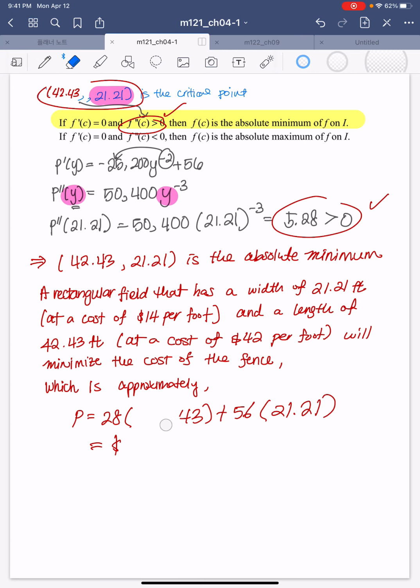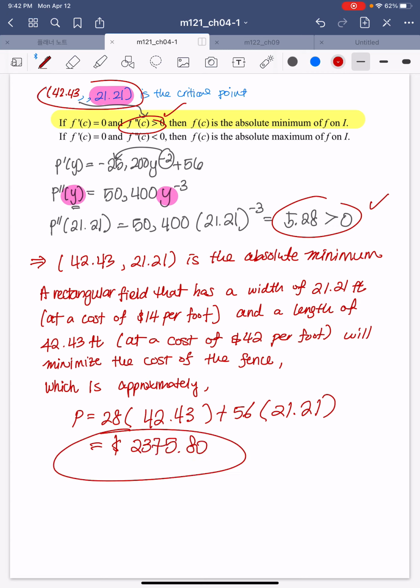So let's fix everything and do it one more time. So approximately $2,375.80. Okay. All right.